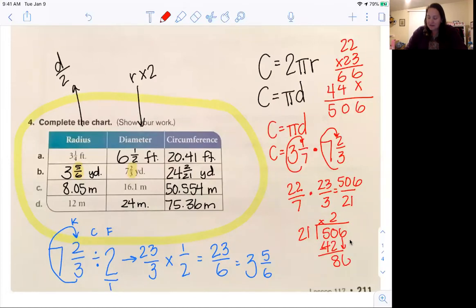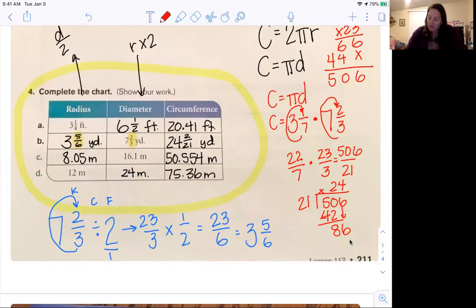Bring down my 6. 21 into 86 is 4 times. Okay, 4 times 21 is 84, and I get 2 left over. 2 becomes my numerator and 21 becomes my denominator. So that is how we got that answer of 24 2/21.